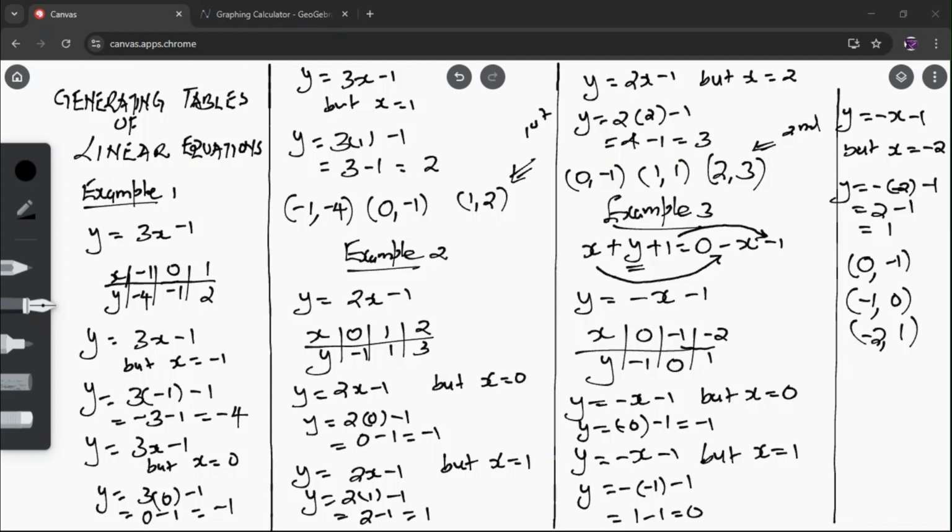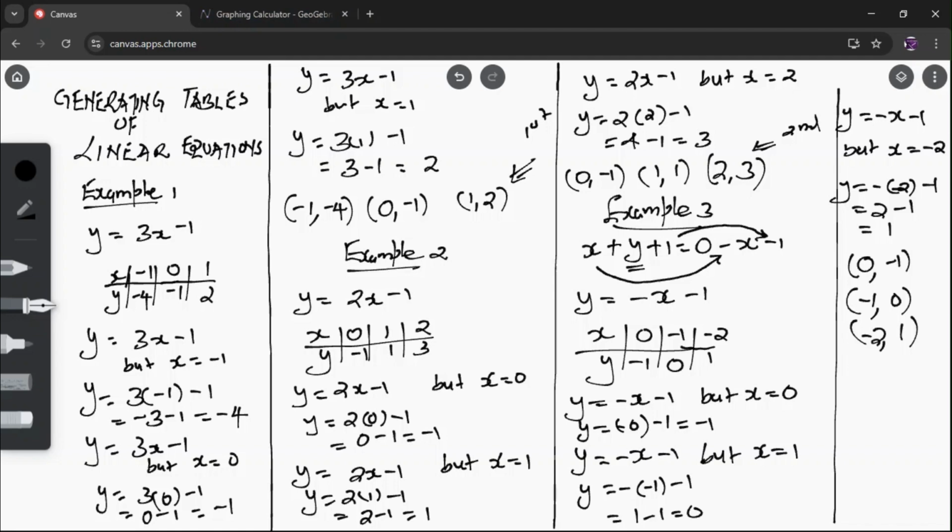So I will go direct to the graph and try to plot the 3 points. We can try and note these points somewhere. So the first one is minus 1, minus 4. The second one is 0, minus 1. Then you have 1, 2. Those are the first coordinates. The second one is 0, minus 1. Then you have 1, 1. You have 2, 3.